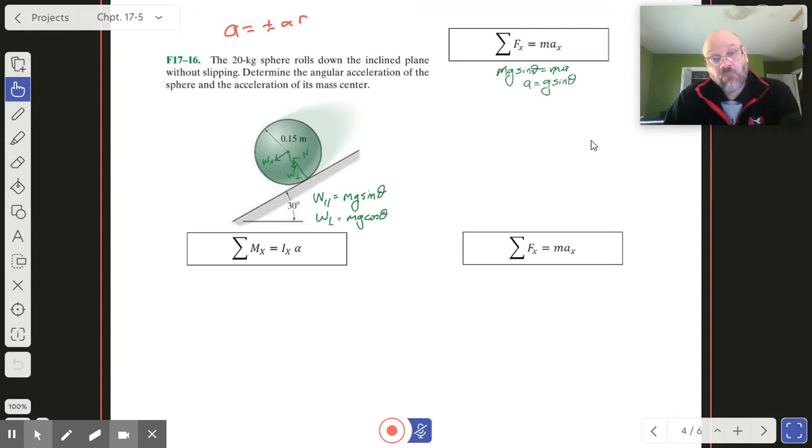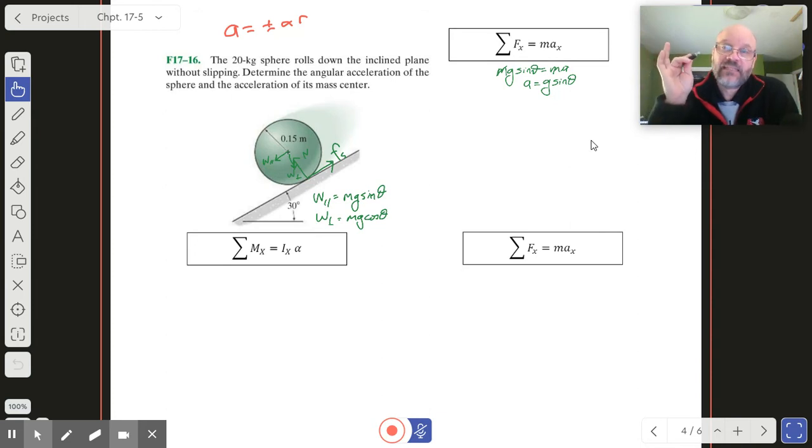But this ball is rolling, and it's rolling because there is some static friction pointing back this way. Now, if it were kinetic, then we would know exactly the value, mu mg cosine theta, mu times the normal force.